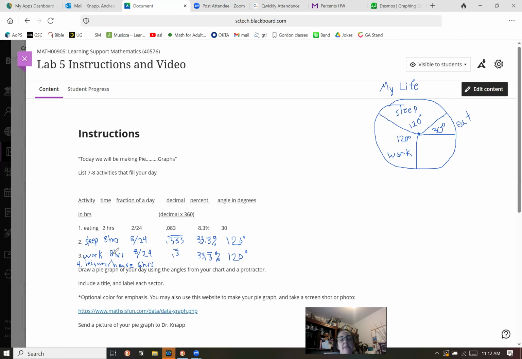So 8 plus 8 is 16, 17, 18 plus 6 is 24. Your fraction would be 6 out of 24. The decimal for that would be 0.25. Turning that into a percentage, you move your decimal 2 places to the right, you would have 25%. And taking 0.25 times 360 gives you 90 degrees.